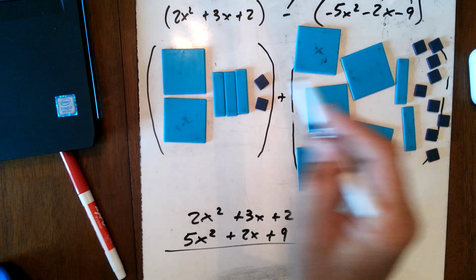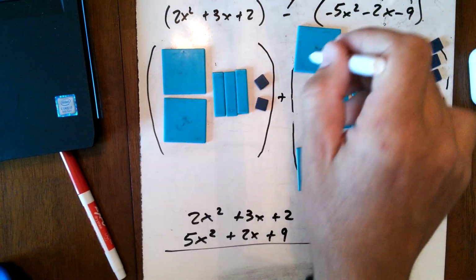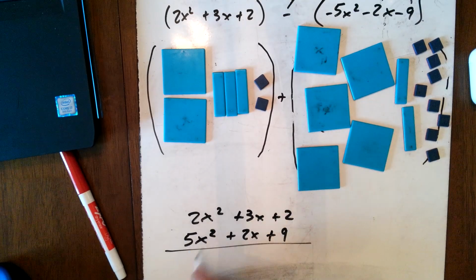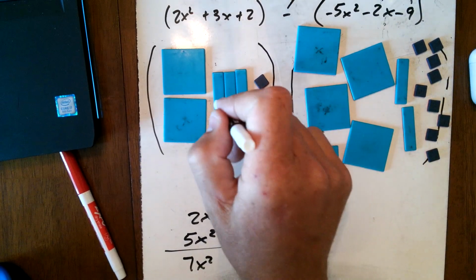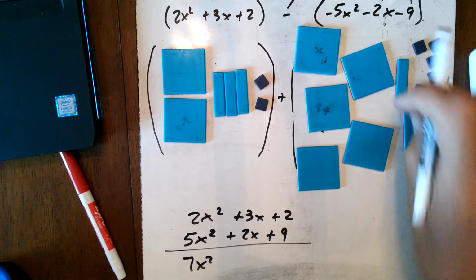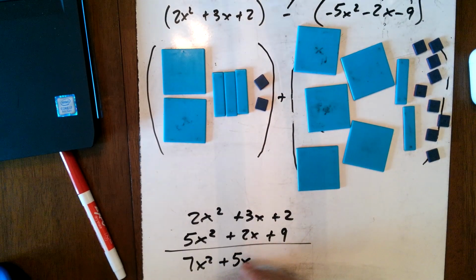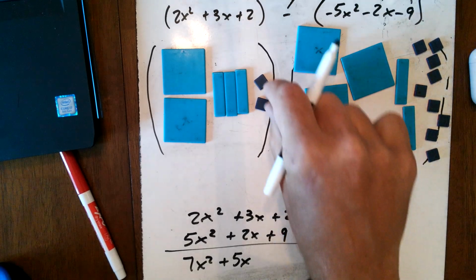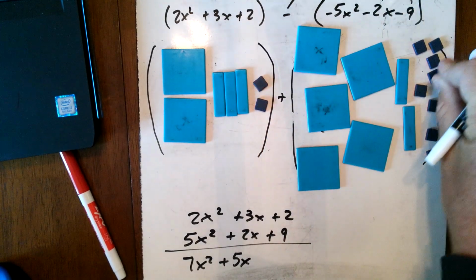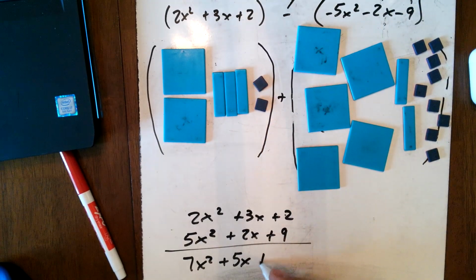Now we can see that together I'm going to get 1, 2, 3, 4, 5, 6, 7x squared. You can see them here. And then you're going to get 1, 2, 3 added to 2 more. You're going to get 5x. We're not making zeros on any of these. You have 2 here, and you have 9 here. 2 plus 9 is 11, okay?